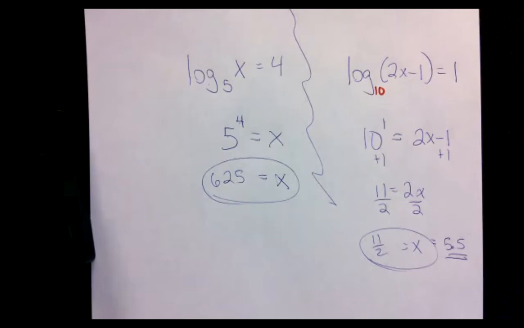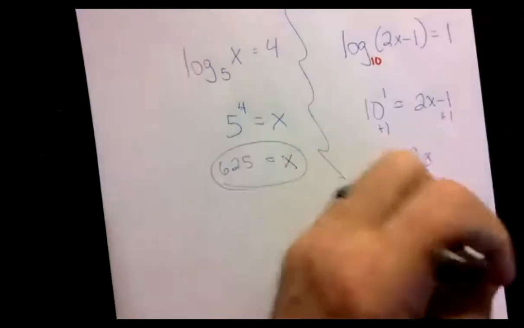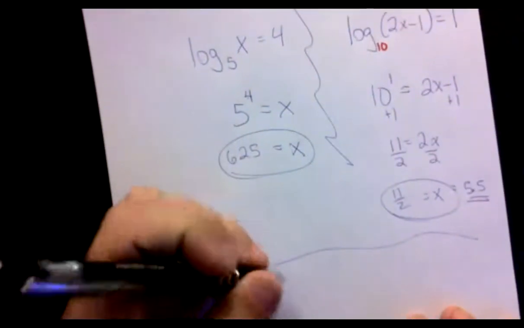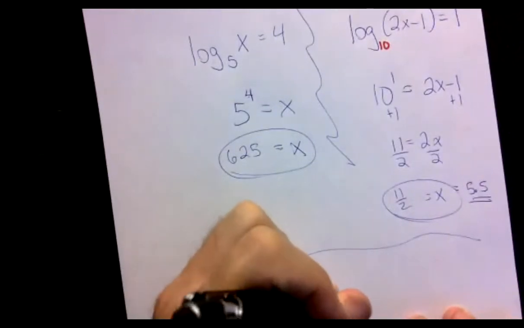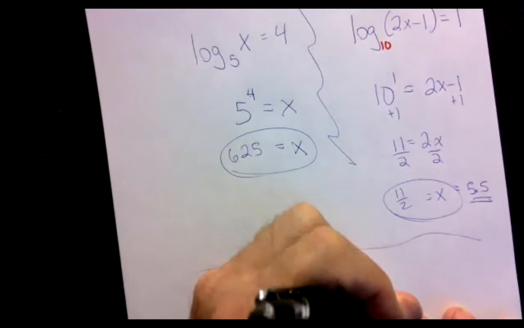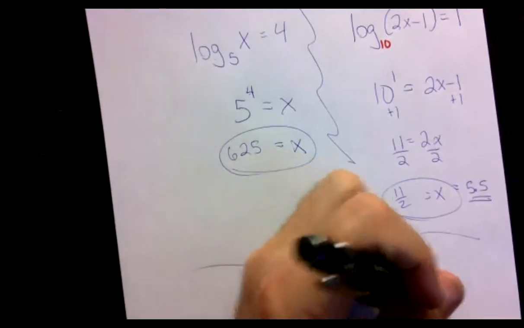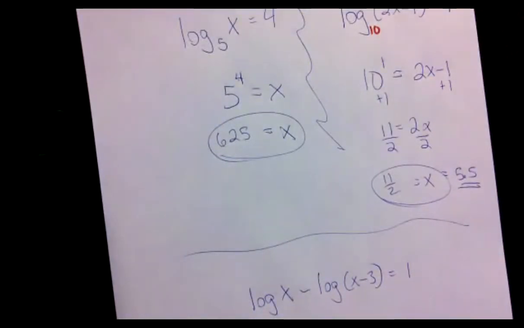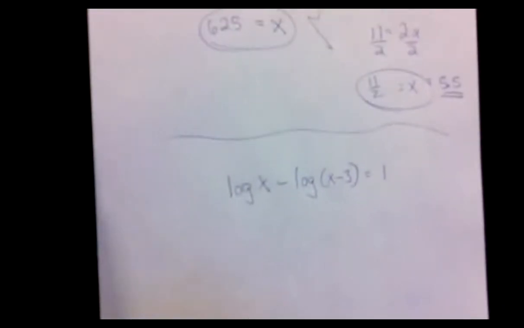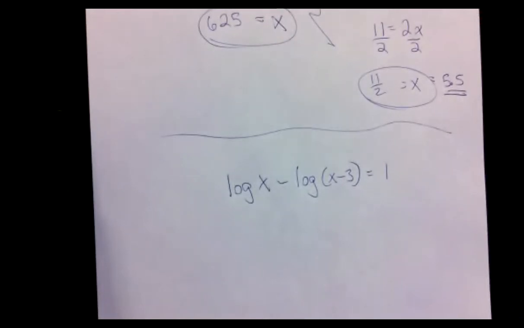Now, the curveball they may throw at you here is taking something from the previous section and throwing it in. So it gave us the log of x minus the log of x minus 3 equals 1.